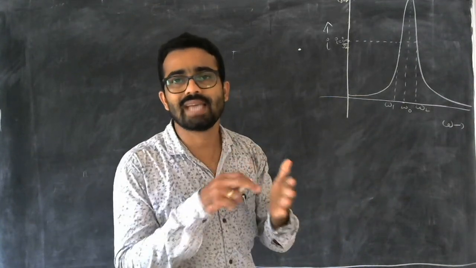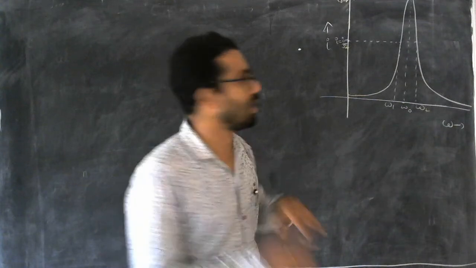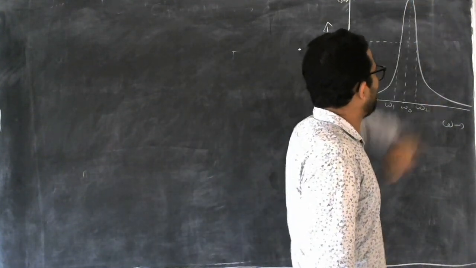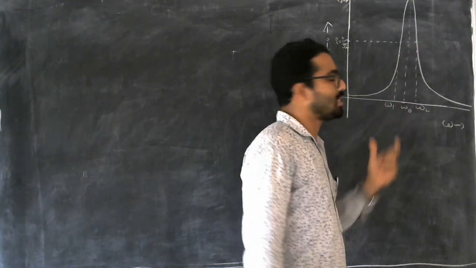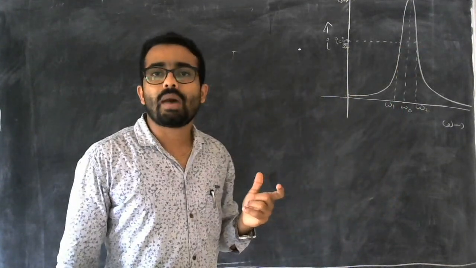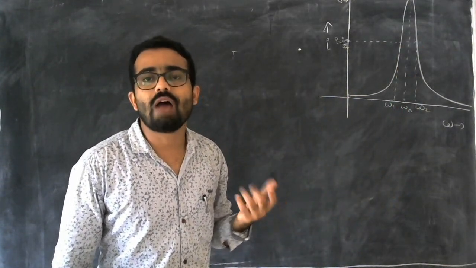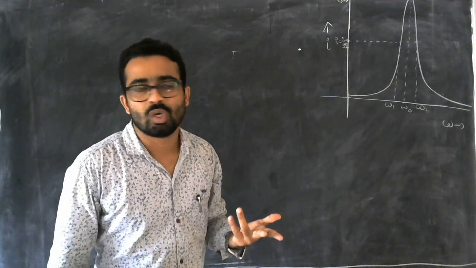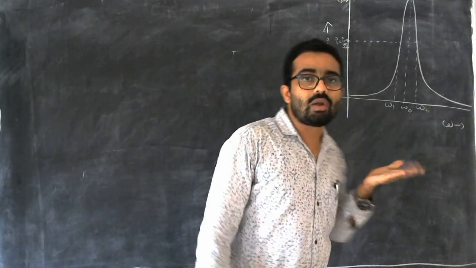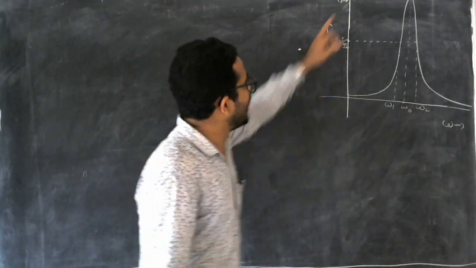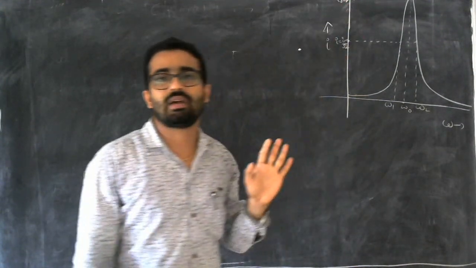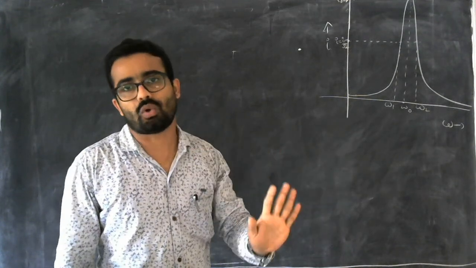Why? Because Xc is equal to XL. Now these are the two values of frequencies at which power is reduced to half of its initial value. So to reduce the power to half of its initial value, we need to multiply the maximum value of current with 1 by root 2.